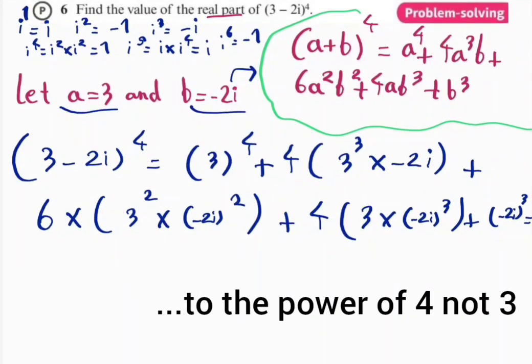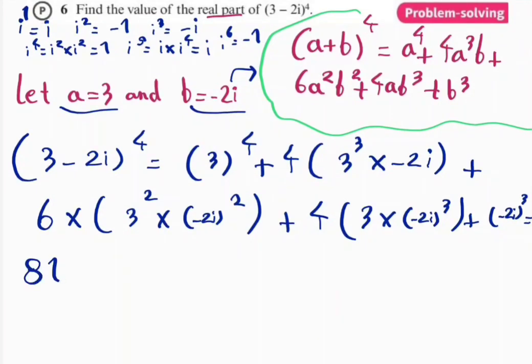Right, so 3 to the power of 4 is 81. Now inside this bracket we have 27 times minus 2i, which is minus 54i, and 4 times 54 is 216, so we get minus 216i. And here we have 9 times (minus 2i) squared.